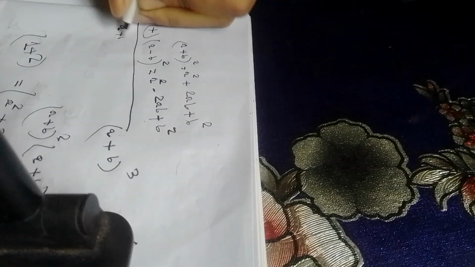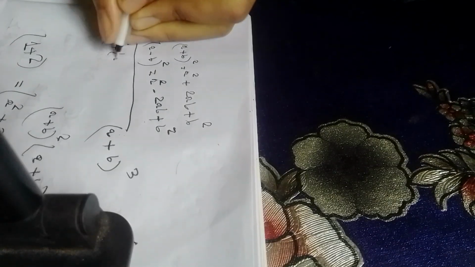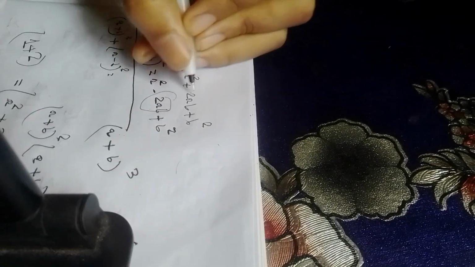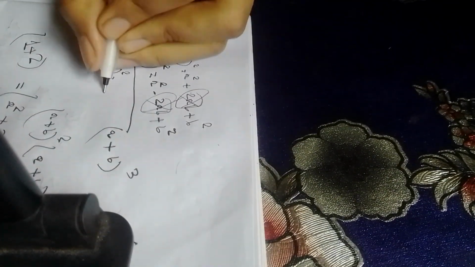For example, it's now easier to add these two equations. A plus b whole square and a minus b whole square. Now these 2ab and minus 2ab basically destroy each other. You now have 2a square plus 2b square.